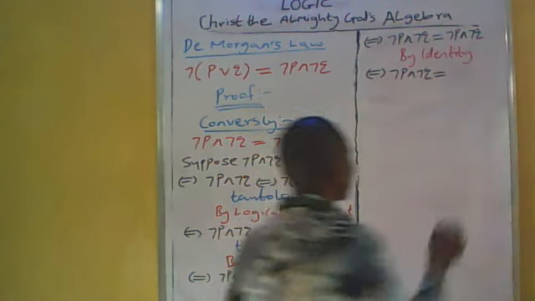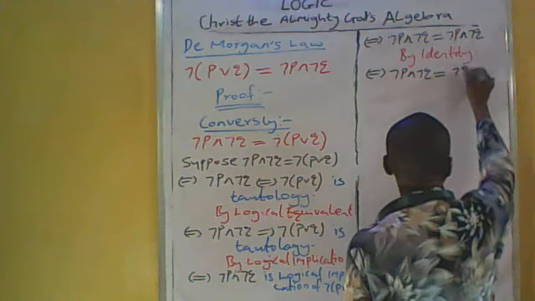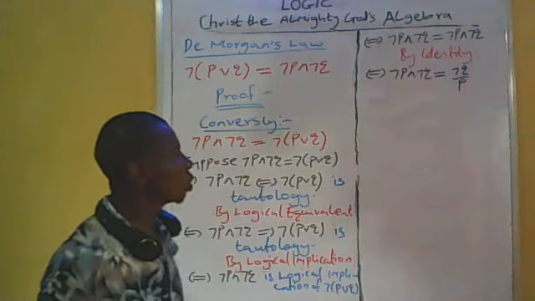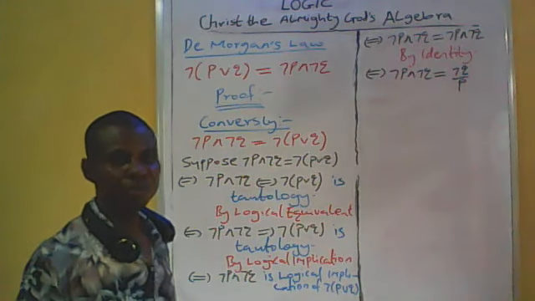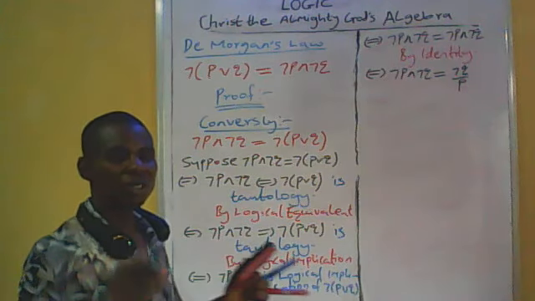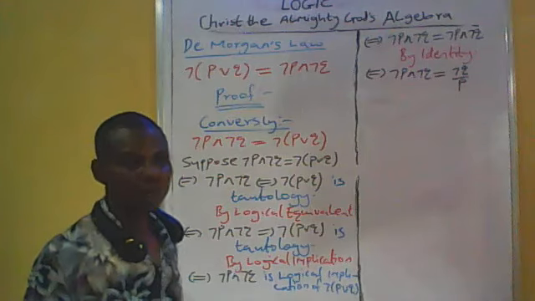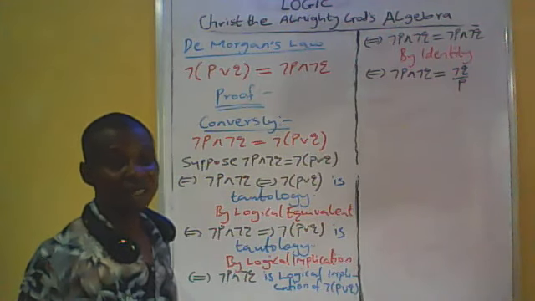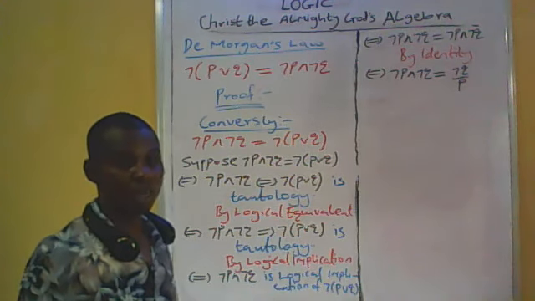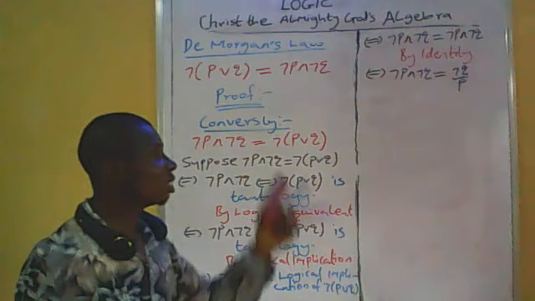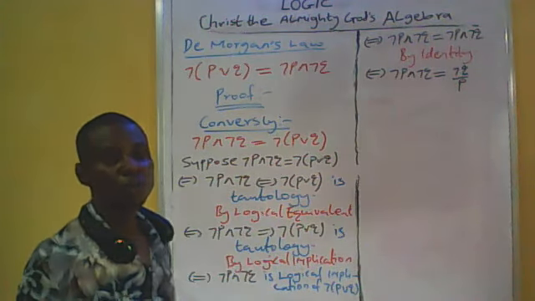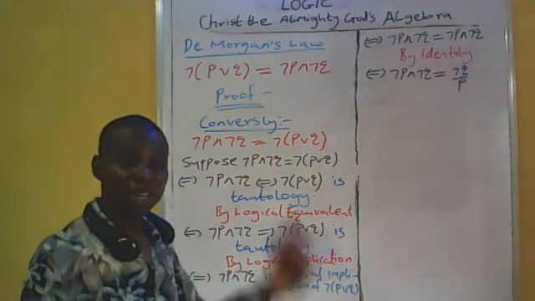That means we have not Q upon P. And you see that the equation is no more equal. It's now grace, because the right hand side of the equation is now greater than the left hand side. That means it's now intensification of the left hand side of the equation, because the left hand side is now a subset of the right hand side.